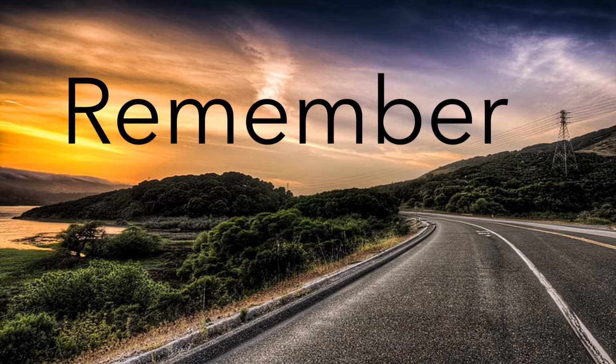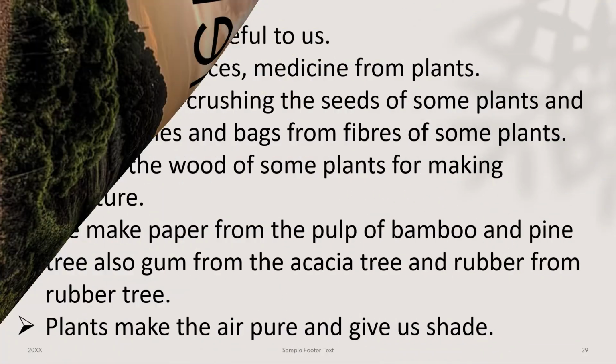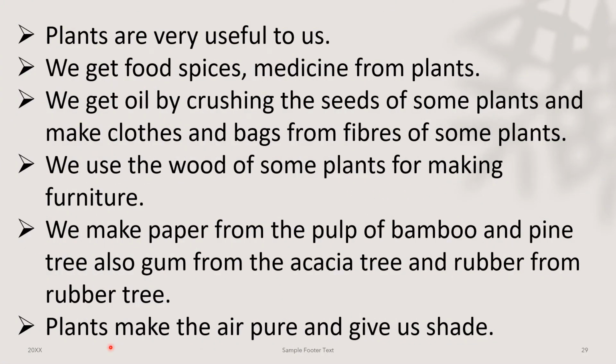Remember, children, plants are very useful to us. We get food, spices, medicine from plants. We get oil by crushing the seeds of some plants and make clothes and bags from fibers of some plants.